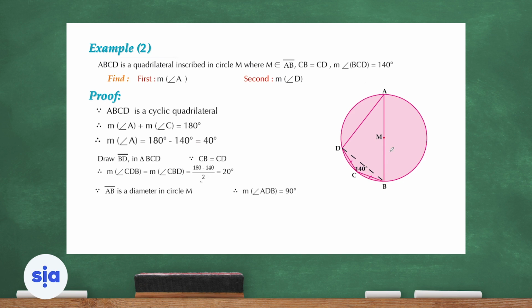And as you see that AB is a diameter, so angle BDA is an inscribed angle, and its subtended arc is the semicircle, so the measure of angle ADB is 90 degrees. So if the question is asking us to find the measure of angle D, then the measure of angle D is 90 plus 20, which is 110 degrees.